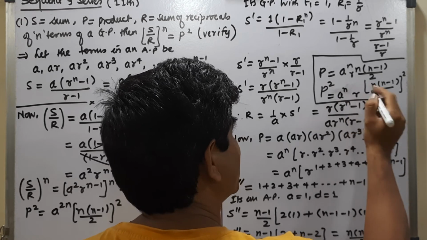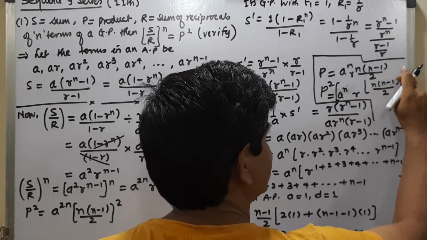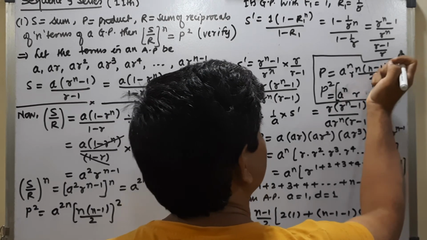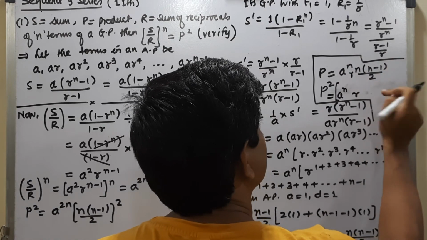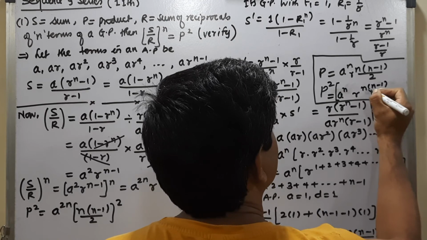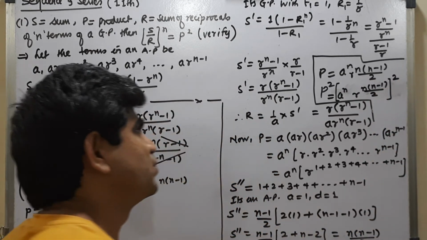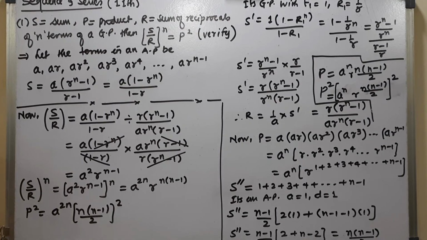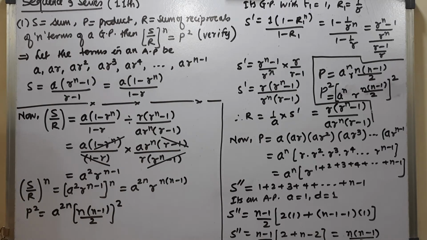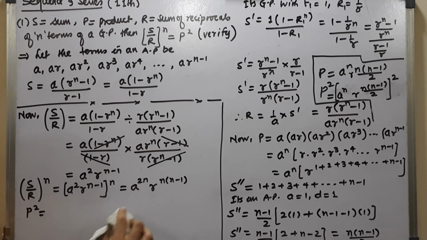So what I will do here is I will close the bracket from here to here, that is till here. Let this be n into n minus 1 by 2, let me close it here and make it whole square. Okay, so first I will go through that particular part and then I will move further.